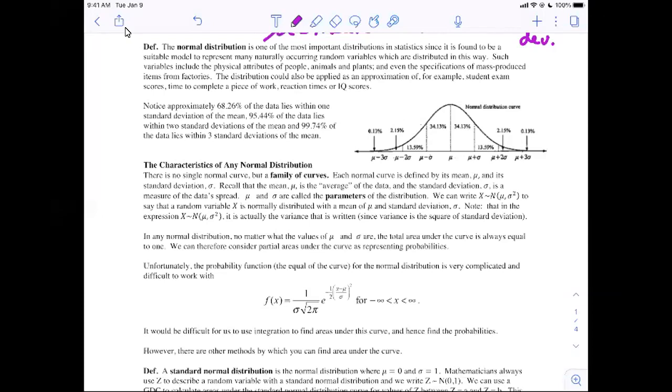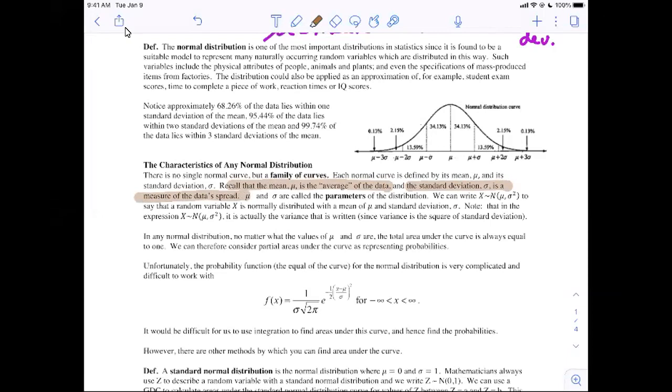Recall that the mean, mu, is the average of the data, and the standard deviation, sigma, is the measure of the data's spread. Mu and sigma are called the parameters of the distribution. And we can write X tilde N of mu, comma, sigma squared.